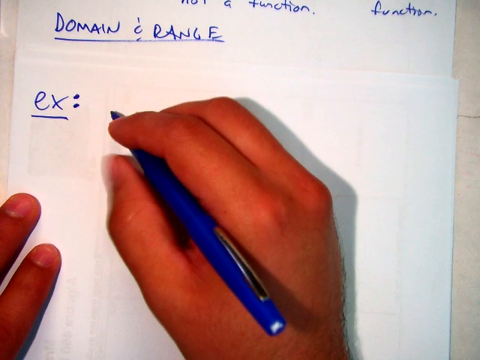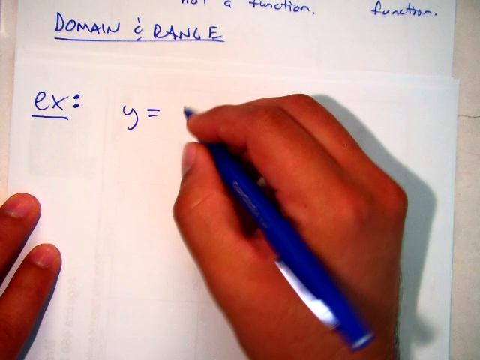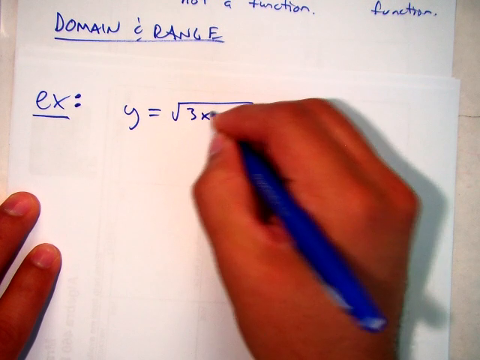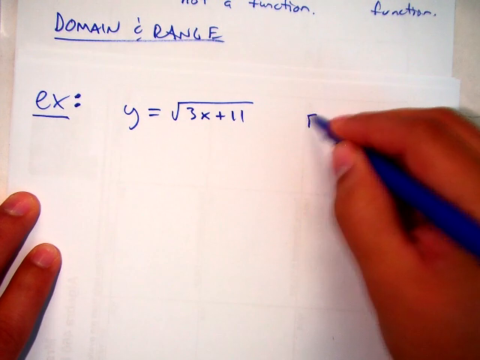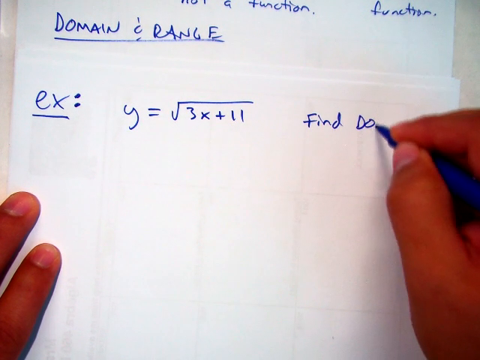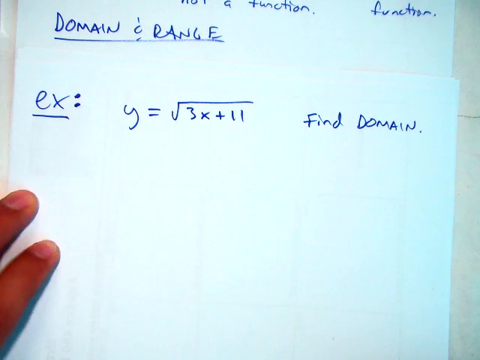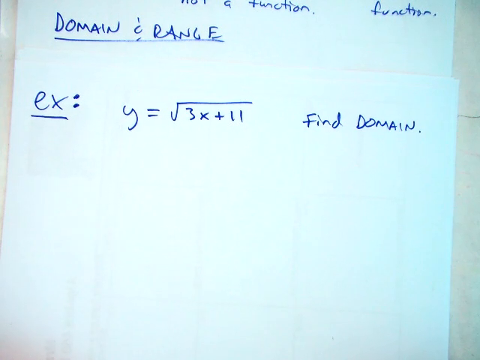And let's just start with the domain. How do we find the domain? What cannot equal a negative number?